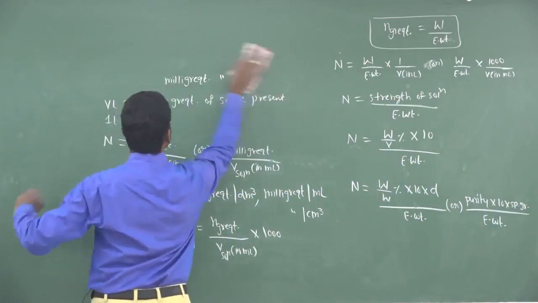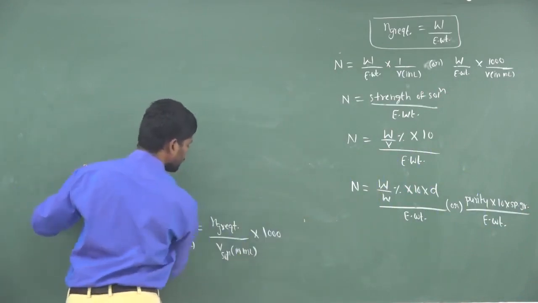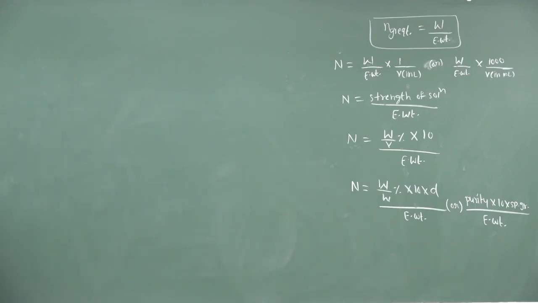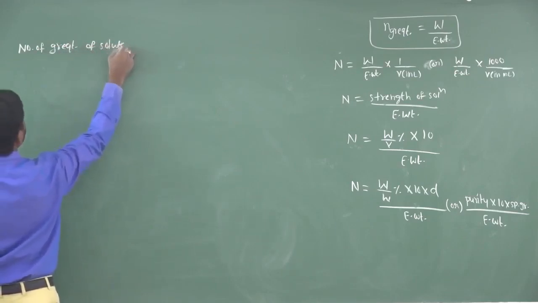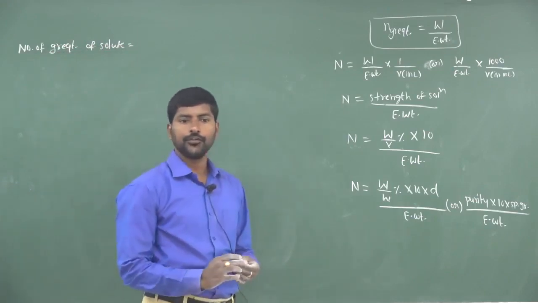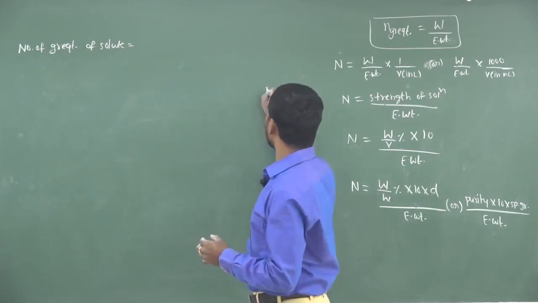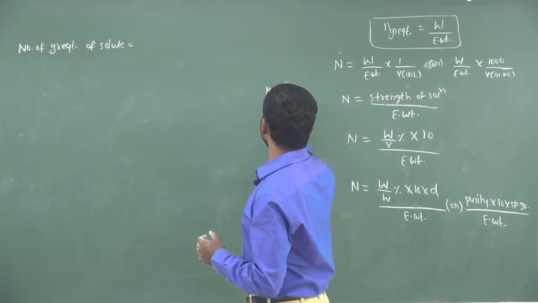Next, write the expression for number of gram equivalents of solute. How do we get the number of gram equivalents of solute? Normality is equal to number of gram equivalents by volume in liters.